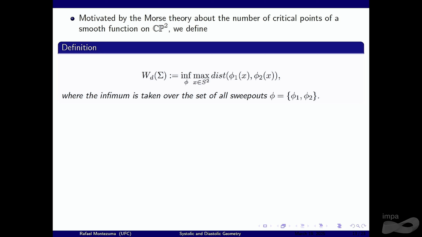This is going to be positive. Otherwise, this sweep out would have phi 1 equals phi 2 always, and these two are not. So any sweep out of this form is not homotopic to phi 0. So it's not a true sweep out. Okay.